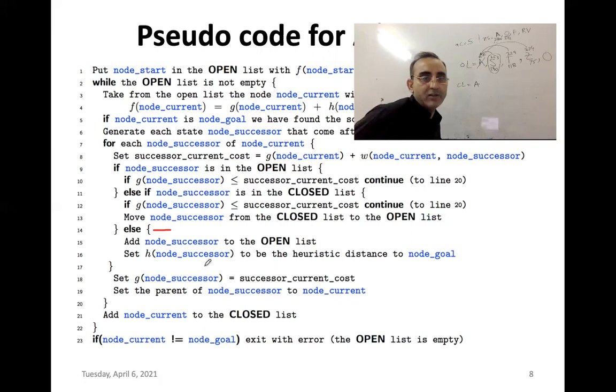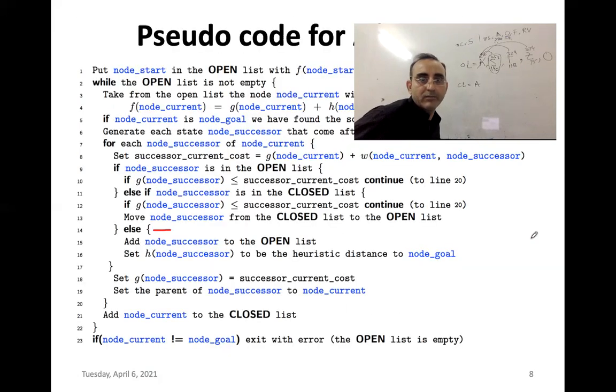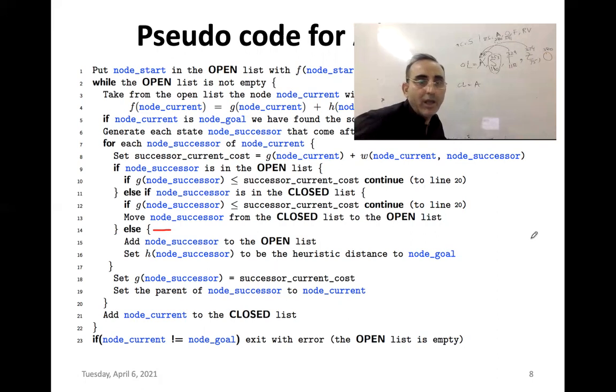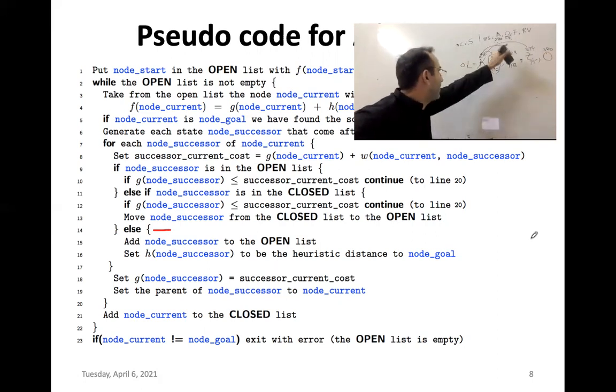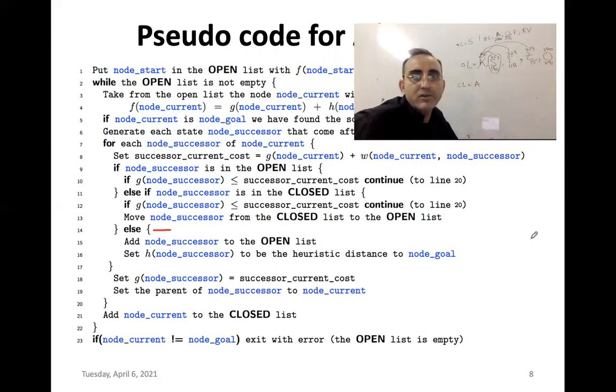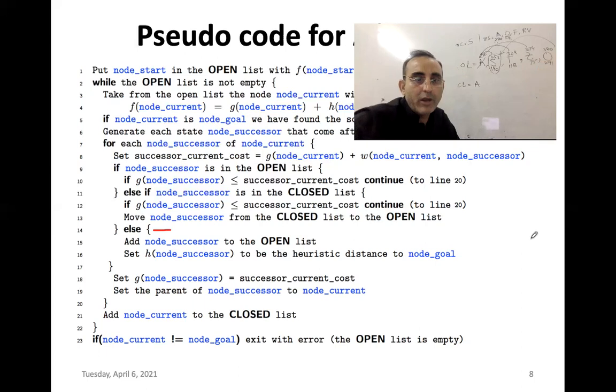I have added it, and then the heuristic cost of Oradea is 380. And then the current cost that you have calculated, 291. And then setting the parentage. Who is the parent? The parent is Sibiu. Okay, and then the loop is ended and you will go again to process the next successor.